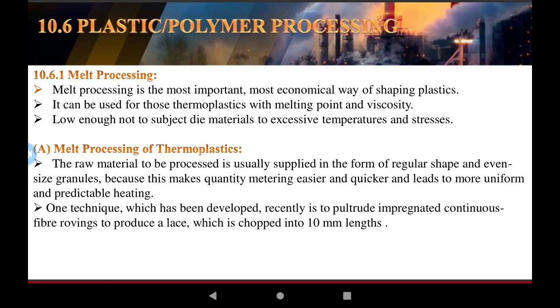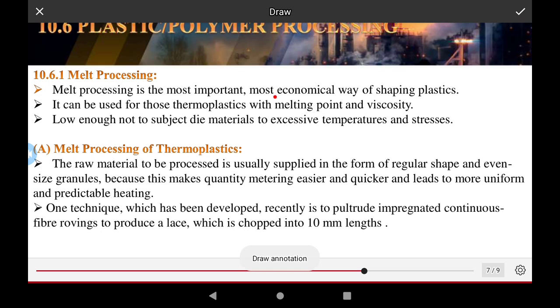Now the processing of plastic polymers, the melting process. Plastic melts easily, which helps machining, and it is a lightweight material. The melting process is the most important and economical way of shaping plastics. It is used for thermoplastics, depending on the melting point and viscosity of the plastic.